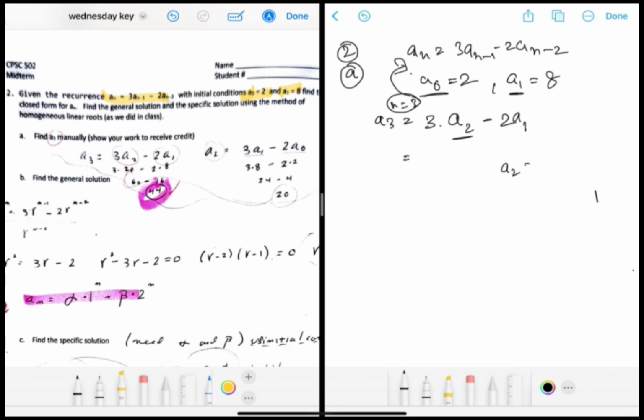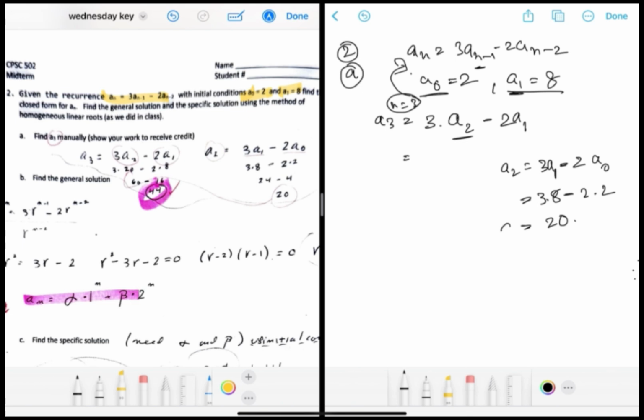So let's find A2 and come back to this equation. A2 equals 3 times, we just put n as 2 here, so 2 minus 1 is 1, A1, minus 2 A0. So 3 A1 is 3 times 8, minus 2 A naught is 2 times 2. 3 times 8 is 24, 2 times 2 is 4, so that is going to be 20.